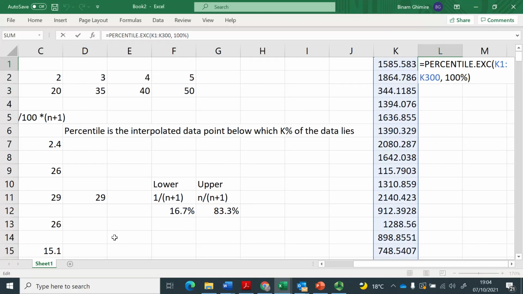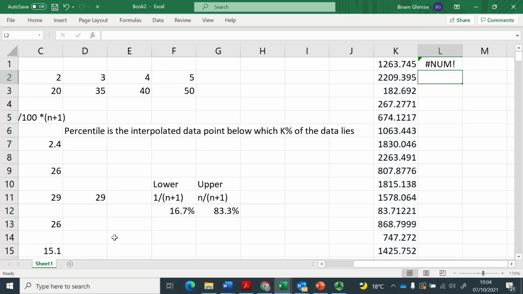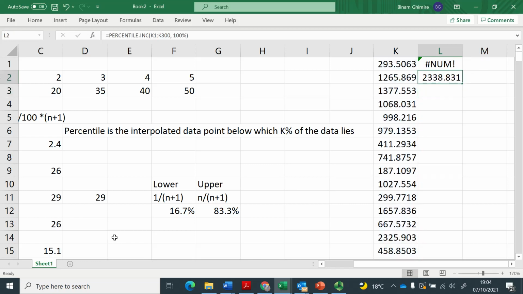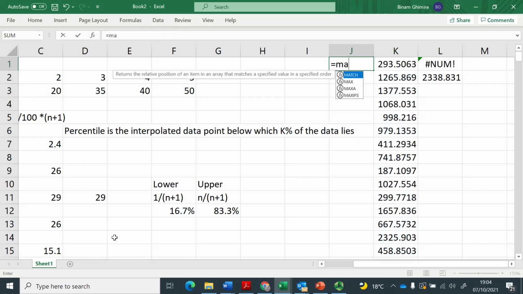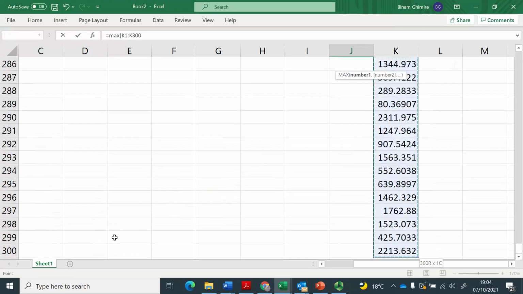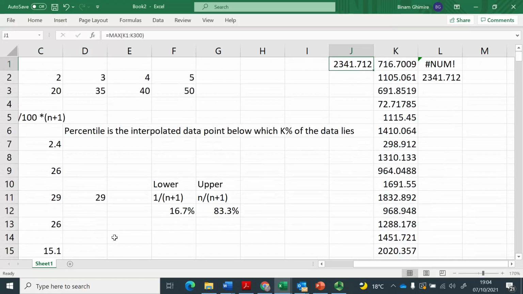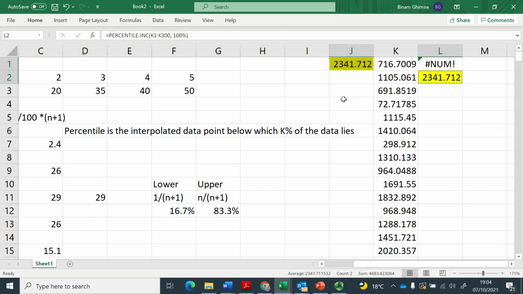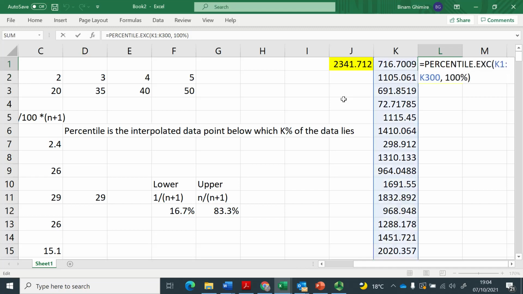But if I were to do the same, but instead of EXC, if I were to do INC, then it would give me the number 2338. And if I find the max for all this data set, then this number here and this number here are matching, as you can see. So INC is inclusive of all the values, whereas EXC is not. That's the point I wanted to make.